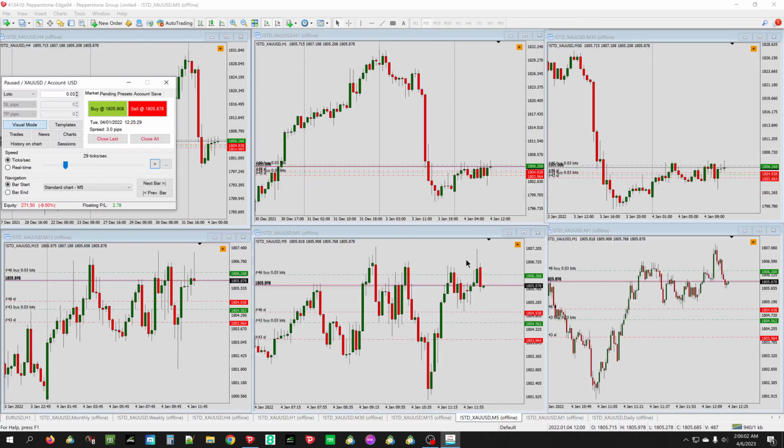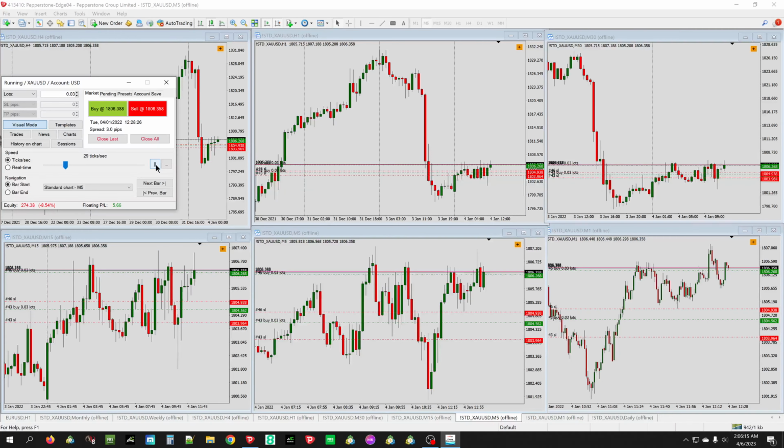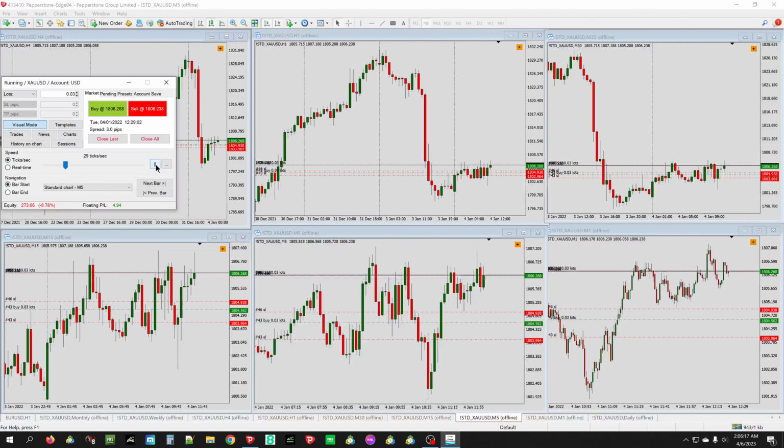Alright, we have created a resistance at 1807 area again. Now if we break above this resistance on current M5 candle only, then there is probability we can potentially keep pushing up. Now we need to wait.